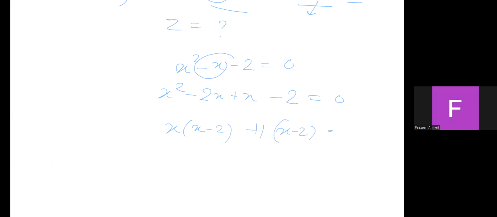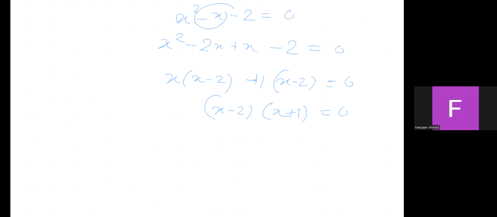So you have x minus 2. Again, there are two real values of x, which is x equals 2 and x equals minus 1.